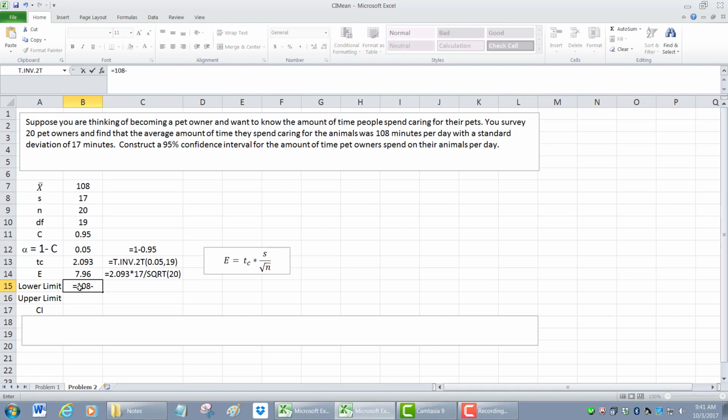108 minus 7.96. Our upper limit is going to be 108 plus 7.96. And there we have our lower and upper limits. Here's how we got them.